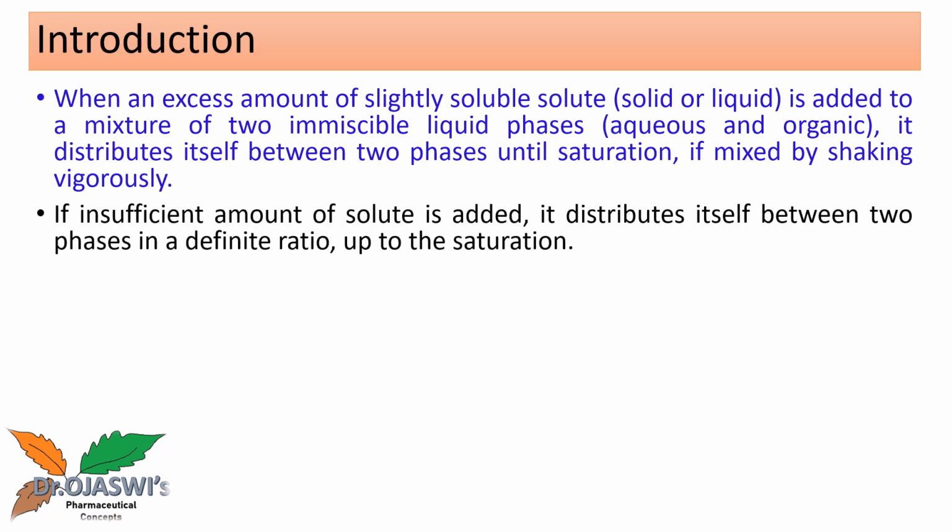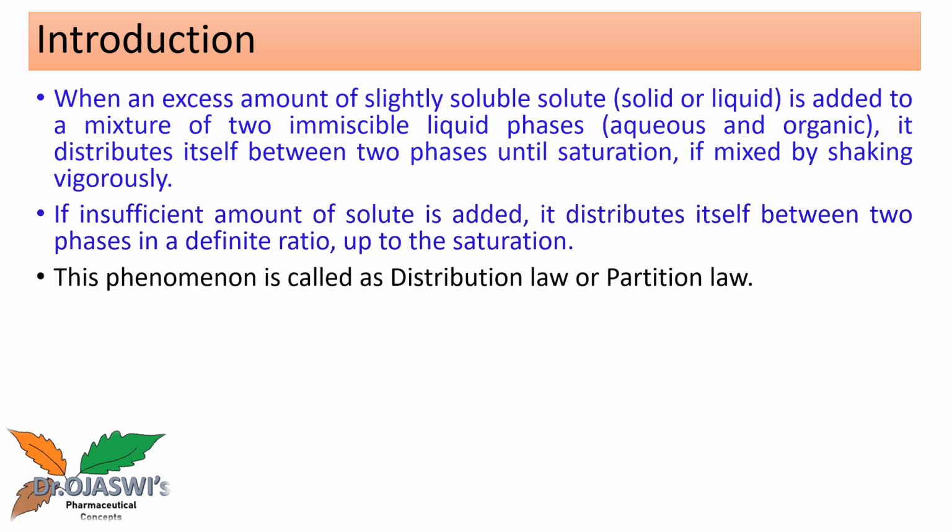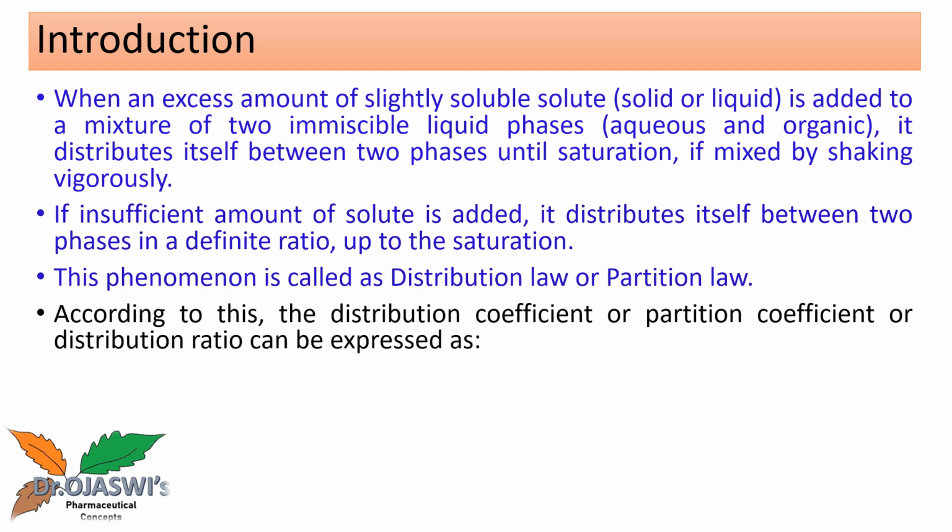So I will not go into much detail on the introduction of partition coefficient and distribution coefficient. We know how to calculate it. We see the distribution of the drug between two phases, its concentration is calculated in both phases, and the ratio of those concentrations is taken, which we call the distribution constant.